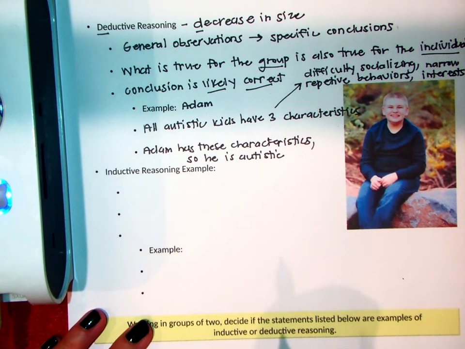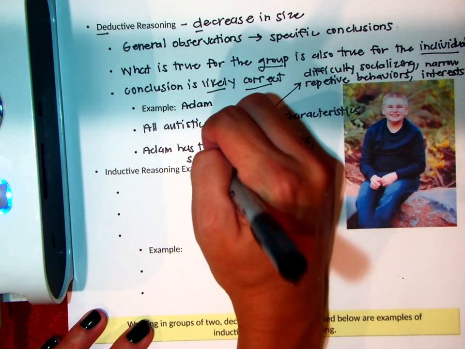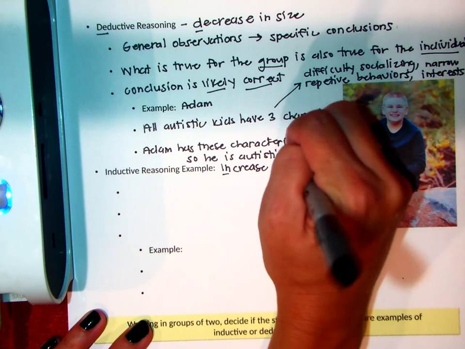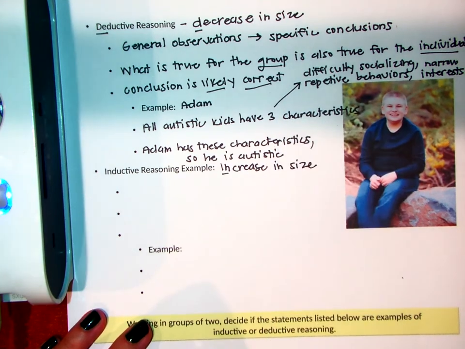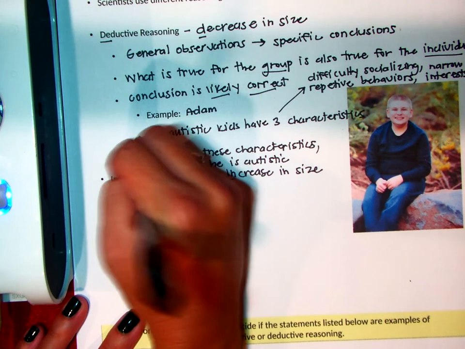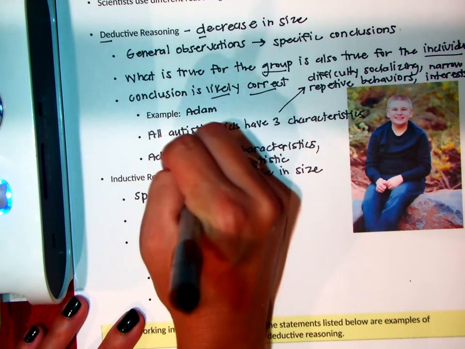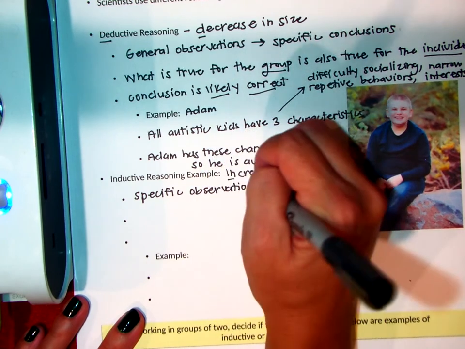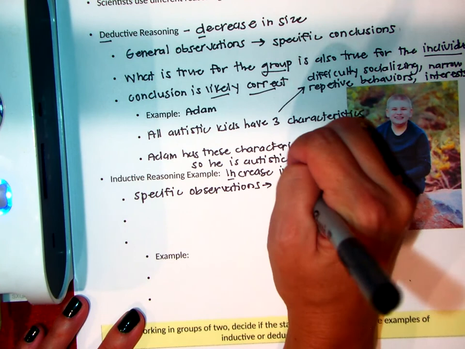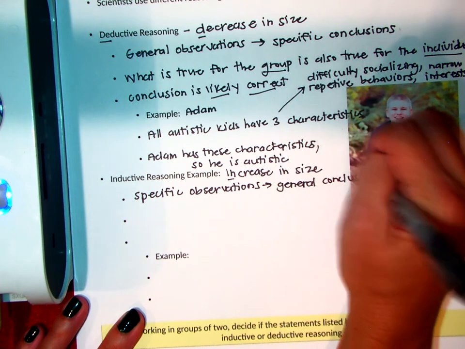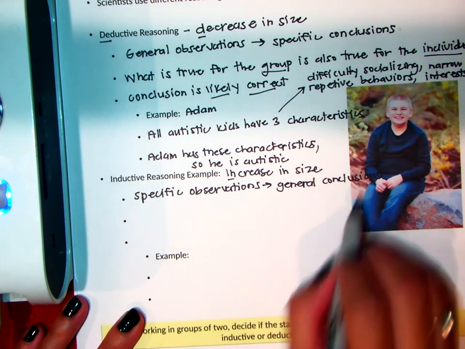On to inductive reasoning. Think of it as starting with an IN, an increase in size. And with this, we're going the other way. We're going from specific observations to general conclusions. Sorry, Adam, I had to write on you a little bit there.